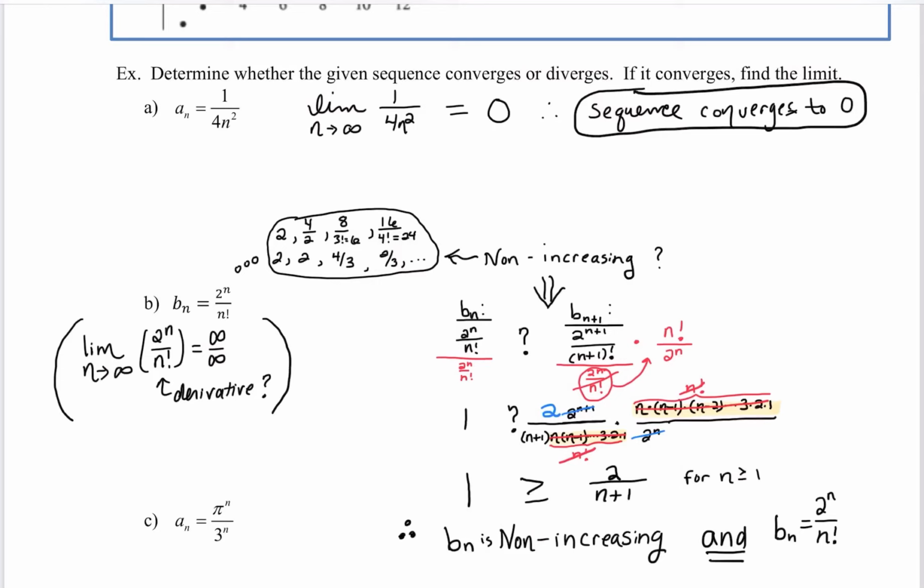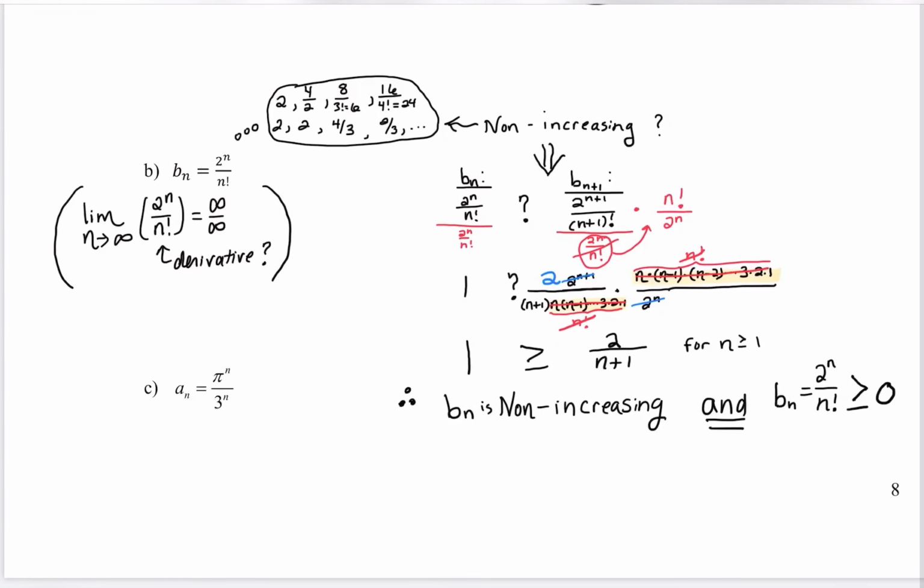In order to get to 0, you'd have to have a 0 in the numerator. 2 to any power is never going to be 0. So this is always going to be greater than or equal to 0, and that means this is our lower bound.